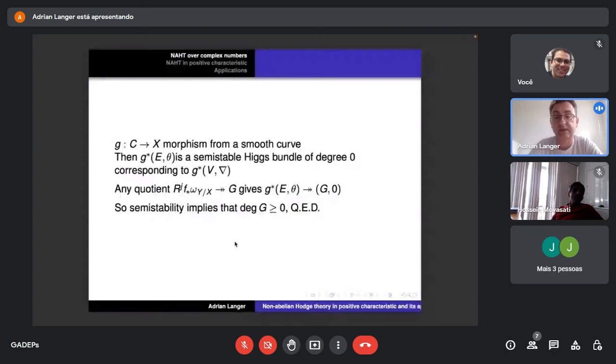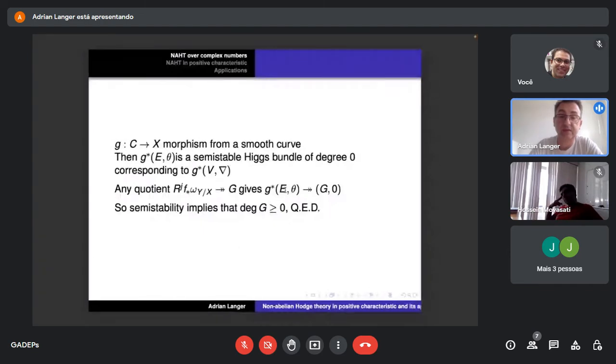So if we take now the quotient G of this vector bundle, then it produces a map from the pullback of this Higgs vector bundle to G with 0 Higgs field.